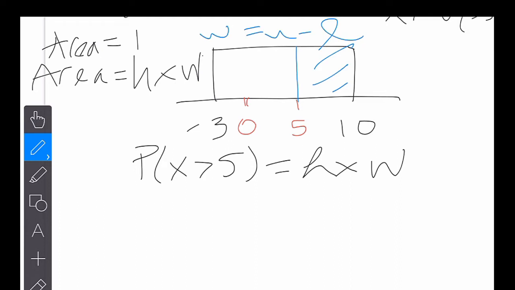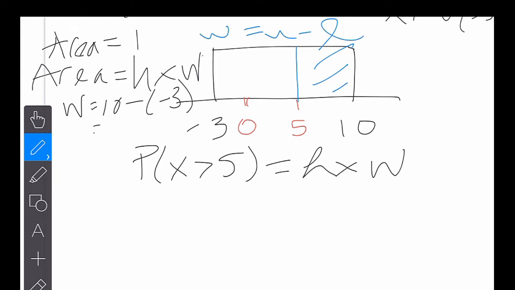So for the width of the whole thing, the width is equal to the upper minus the lower, which is 10 minus -3, which is 13.